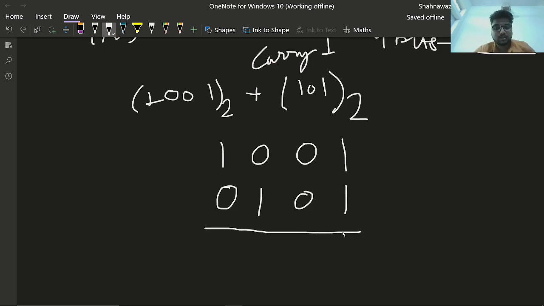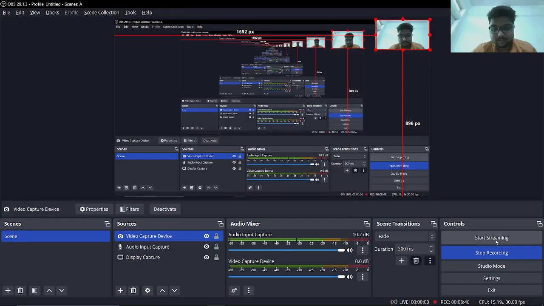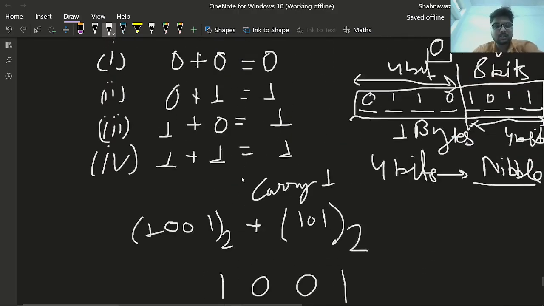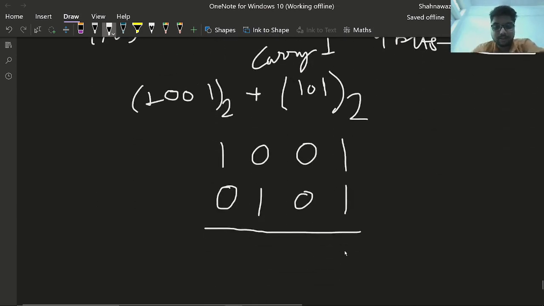All right, so here 1 in addition to 1. What does rule 4 say? 1 and 1 gives 1, and it will carry 1. So it will pass on a carry to the next one. Now add 1 and 0. What will you get? 1 with no carry.